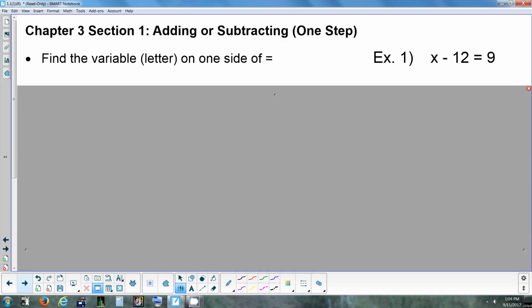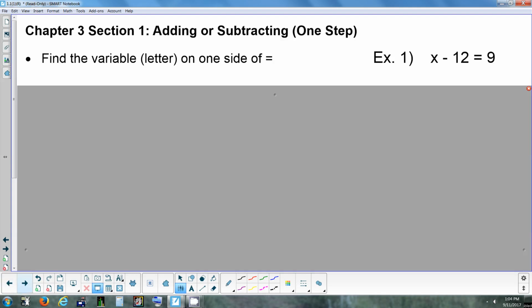So 12, that's the number. So variable, what are we looking for when we look for a variable? A letter. So you want to try that one again? Where's the variable here? The one on the right-hand side corner, see it? X minus 12 equals 9.